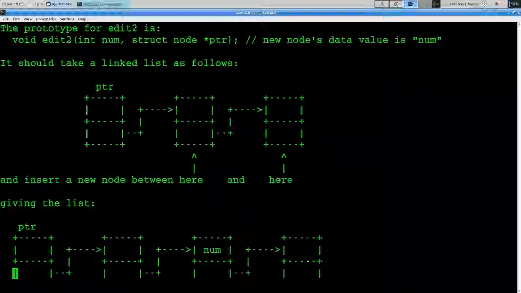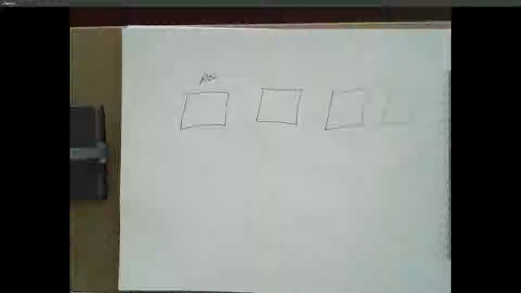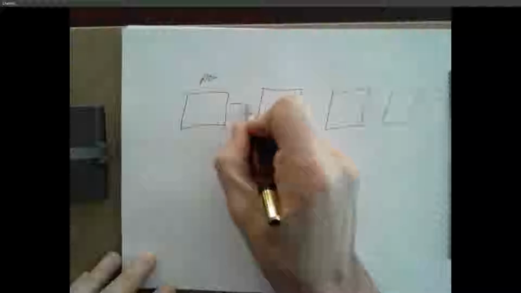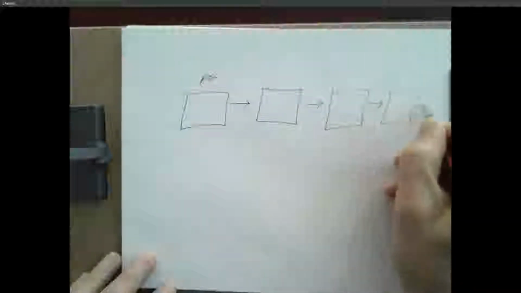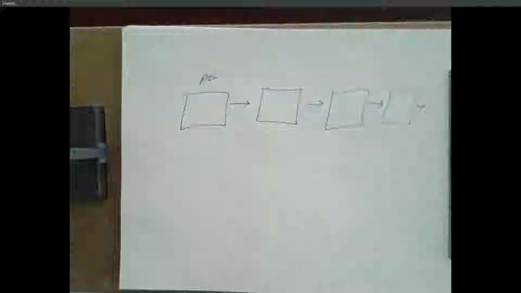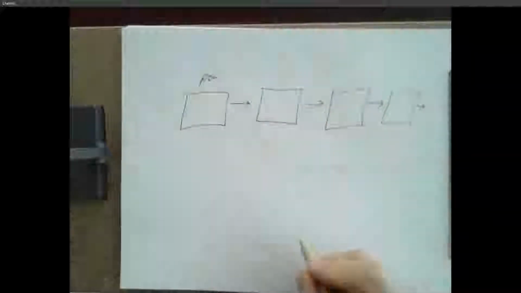Oh, we're inserting between the second and the third. Okay. So this goes here, this goes here, this may go here, and it may go on, or it could be the end of the list or something, but there's at least 3 nodes. And we're creating a new node that we want to put in here.